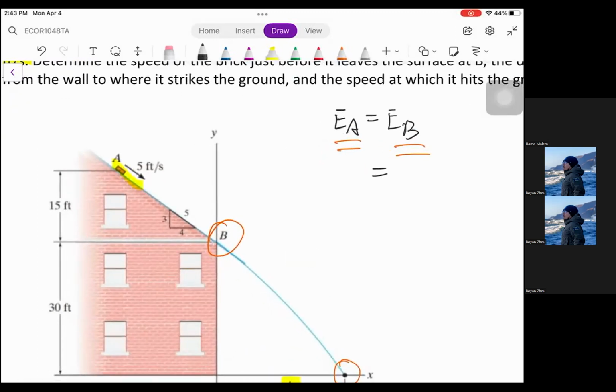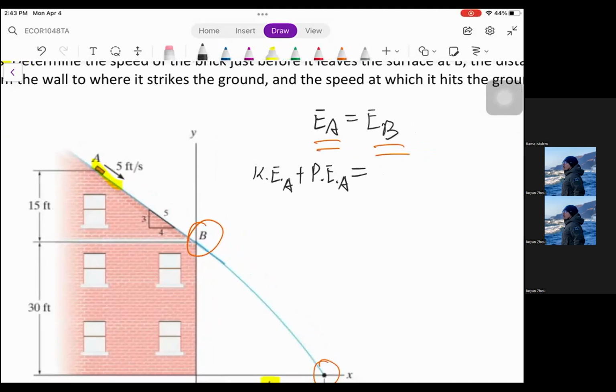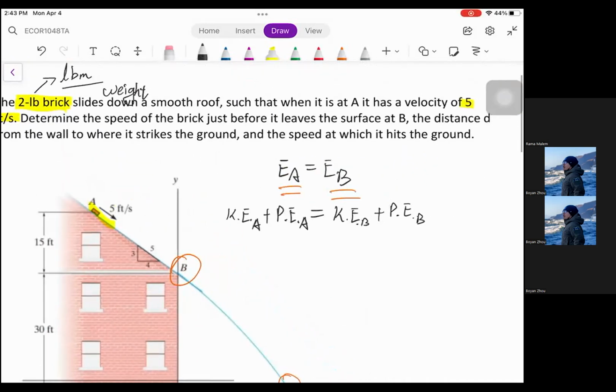At location A, we know there's a kinetic energy at location A plus the potential energy at location A. And the same thing at location B: the kinetic energy at location B plus the potential energy at location B. Since the question told us the surface is smooth, it's a smooth roof, that means we don't have any friction to waste the energy.